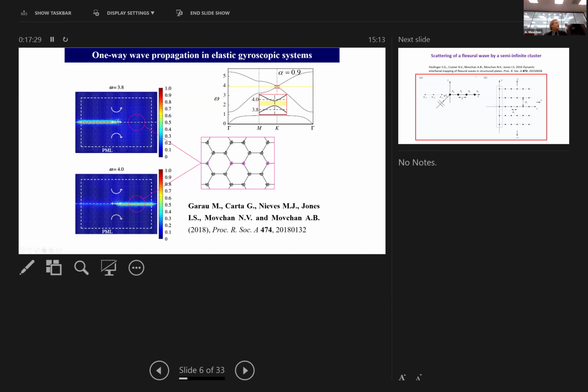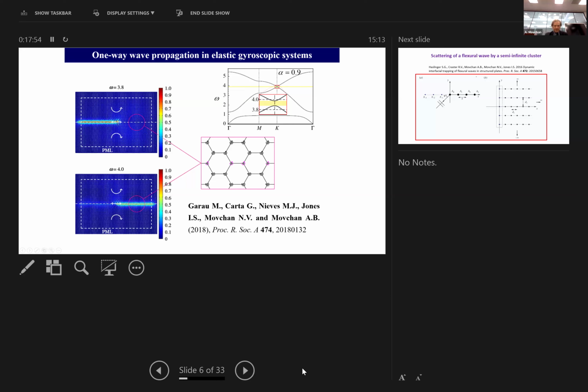And in physics, people use the term topologically protected structures. But of course, in that case, normally they refer to systems involving electromagnetic waves. And instead of a gyroscope, they have a magnetic field of constant magnitude and direction. So that's what it is.